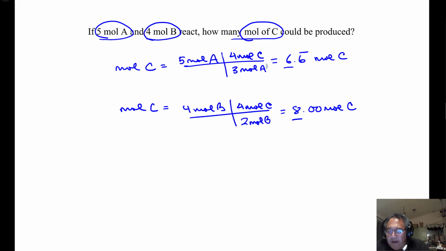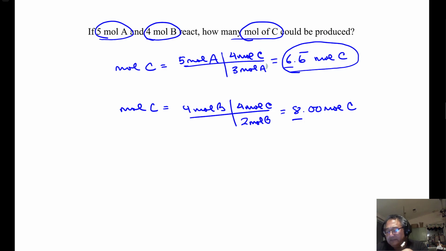And then 8 moles of C. So which do you decide? It's this one, because you've got to remember, every time you're making some product, some reactant gets used up. And eventually, I get to 6.6 moles of C. All of the A that I had is used up, and so the reaction has to stop.